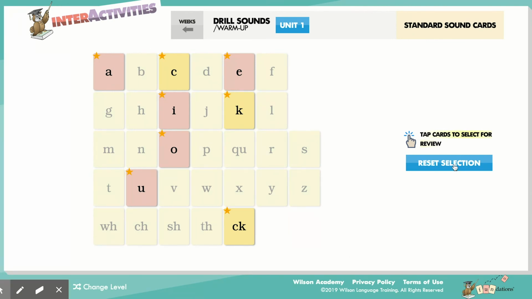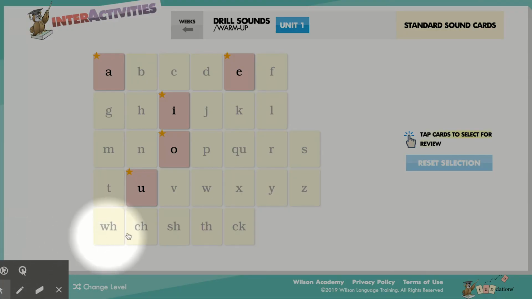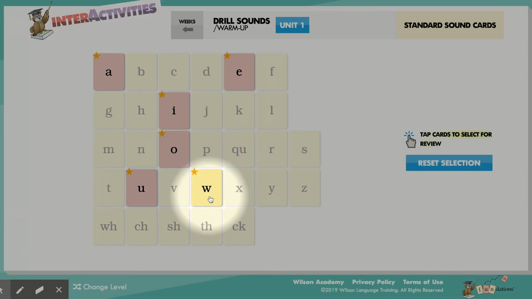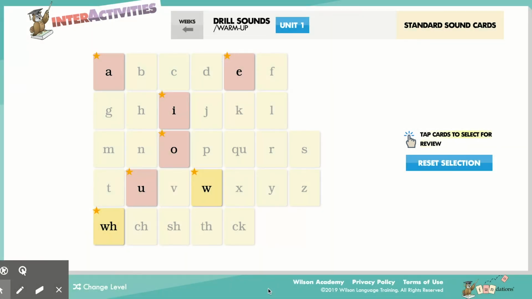Let's do another one. What two cards make the W sound? It is the W and the digraph WH. They both make the W sound.